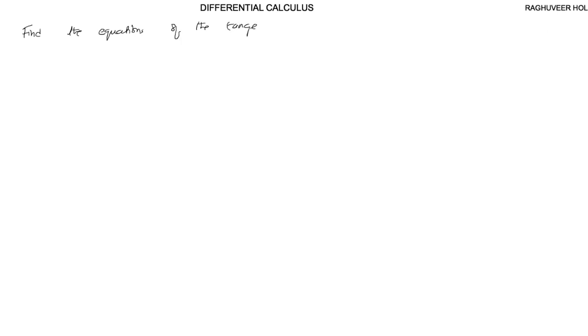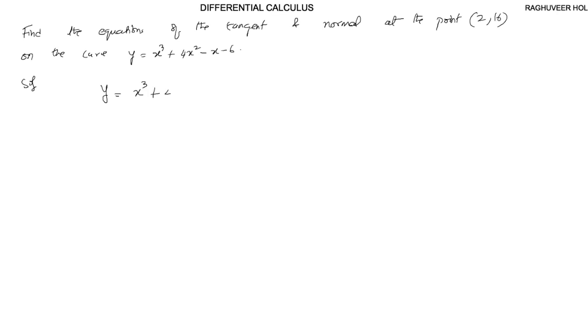Now let us find the equation of the tangent and normal at the point 2, 16 on the curve y is equal to x cube plus 4x square minus x minus 6.